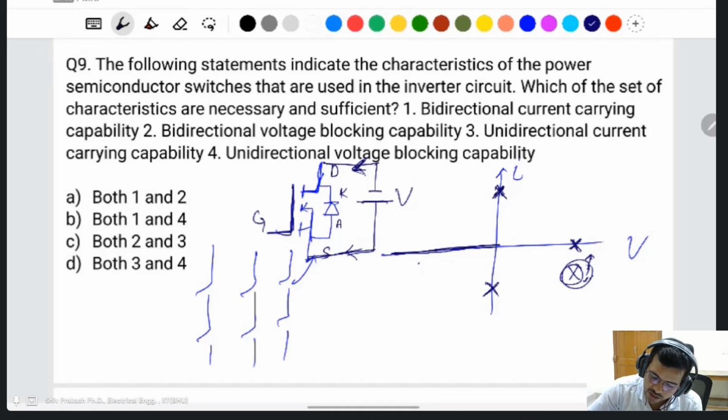Then what is the option? Bidirectional current carrying capability. Yes, current will flow positive to negative, negative to positive through a diode. One is correct. Bidirectional voltage blocking capability? No, only one directional blocking capability.